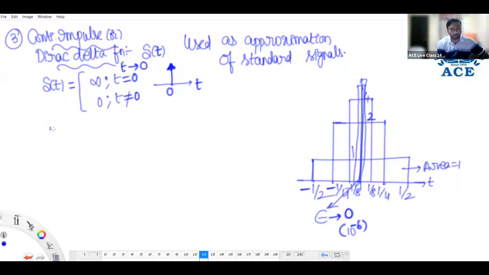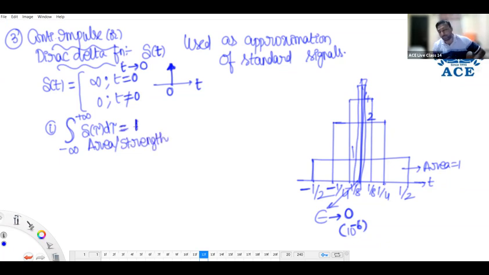By approximating a unit area rectangular function, what we have generated means unit impulse. It is the first property of the impulse. Area or strength of the impulse is 1. By approximating a unit area rectangular function, we generated the unit impulse.